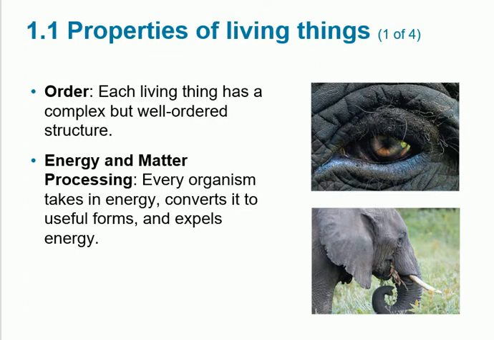Number two, energy and matter processing. The organism will take energy and convert it into usable forms, and then expel the energy. So how are you going to handle the energy, and how are you going to process the matter? Each one of those that we consider living things or alive should utilize energy, take it, and convert it into different things.